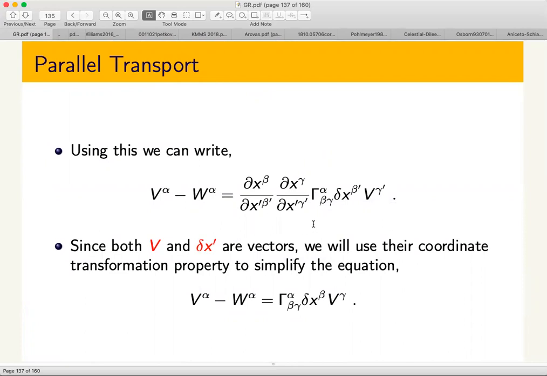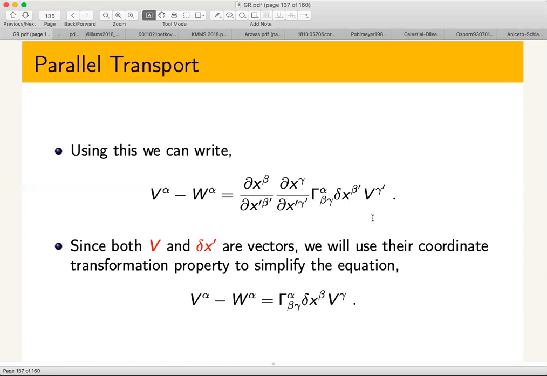At this point, we can use del x beta by del x beta prime and delta x beta prime, which should have been x prime beta prime, as I said. You can take them together to use vector property to write this as delta x beta, and similarly use this with v gamma prime to write down v gamma. So just using the vectorial transformation properties of these two quantities, you can write down v alpha minus w alpha is equal to gamma alpha beta gamma times delta x beta v gamma.